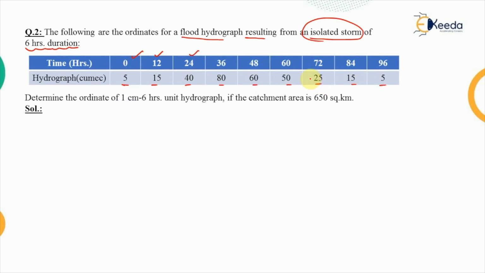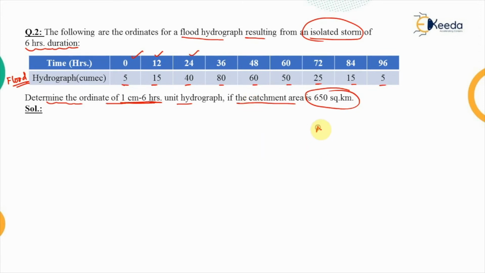These are the ordinates of the hydrograph. And when we are having the hydrograph ordinates directly for the entire storm, those ordinates correspond to the flood hydrograph. What we have to calculate is to determine the ordinates of the 1 centimeter and 6 hours unit hydrograph if the catchment area is 650 square kilometer. That we have to calculate.